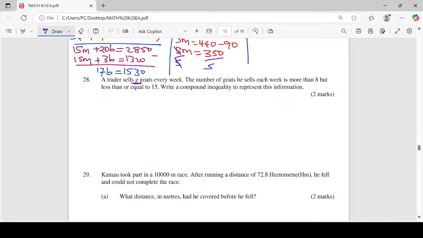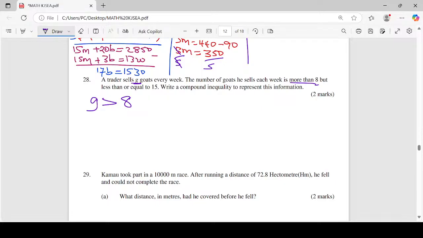Now, because the number of goats he sells each week is more than 8, then if this person is selling G goats, this number of goats should be greater than 8, because G represents the number of goats sold.